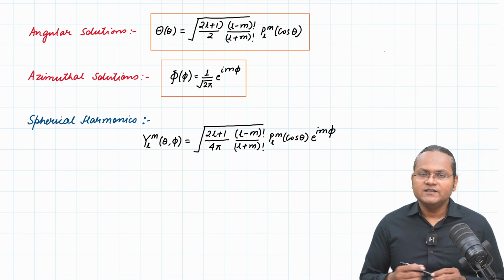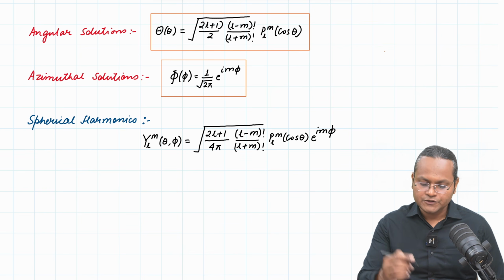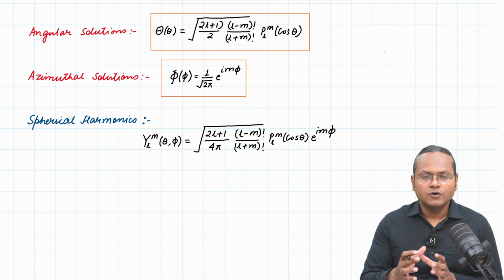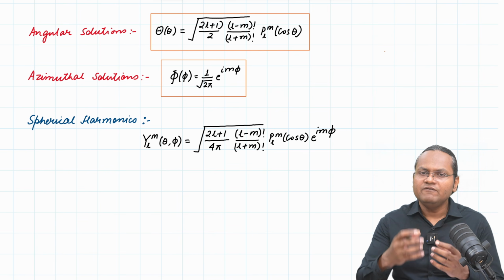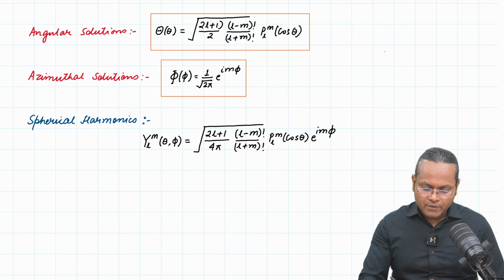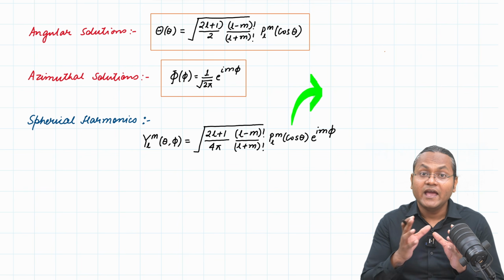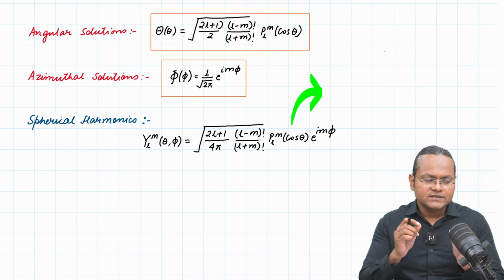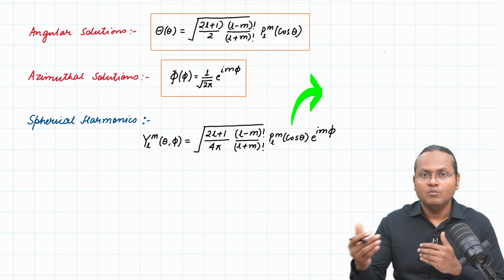So we have proved that the spherical harmonics are the solutions of the angular part of the Schrodinger equation. But more than just being part of the eigenfunction solutions of the hydrogen atom, they play an even more crucial role because these spherical harmonics are what we call the eigenfunction solutions of the angular momentum operator. You see, the electron is going around the nucleus and it has an orbital angular momentum.